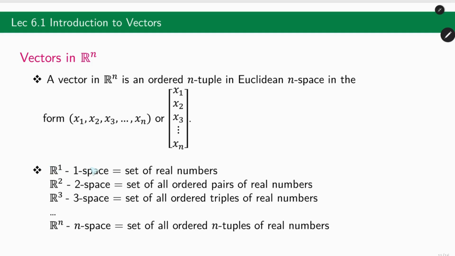First, we have R1, 1-space, the set of real numbers. R2, 2-space, set of all ordered pairs of real numbers. R3, ordered triples of real numbers, until Rn, set of all ordered n-tuples of real numbers.